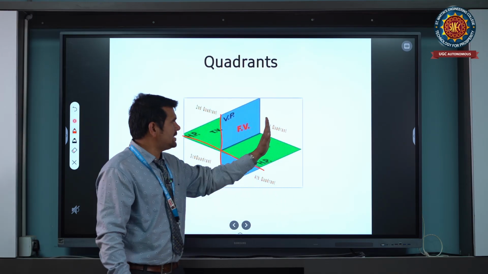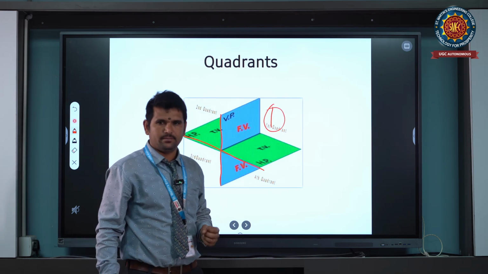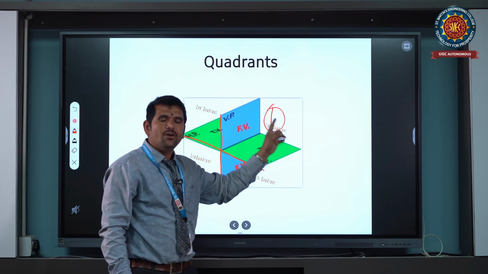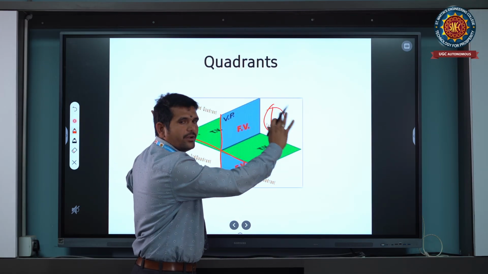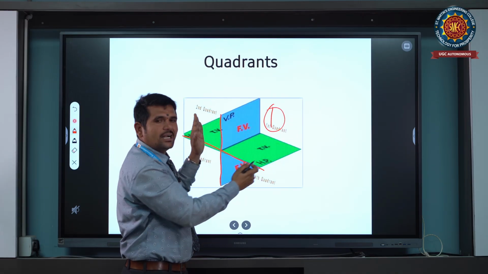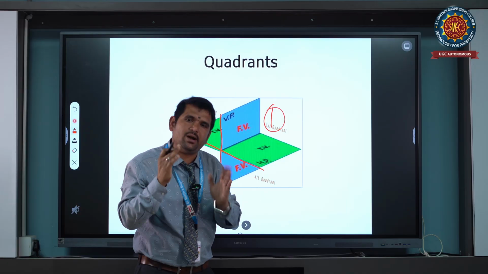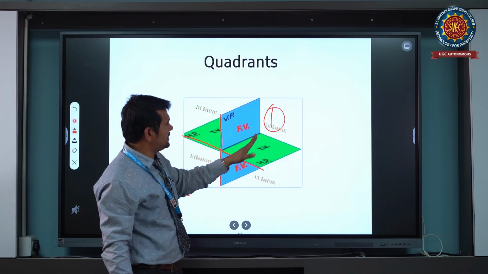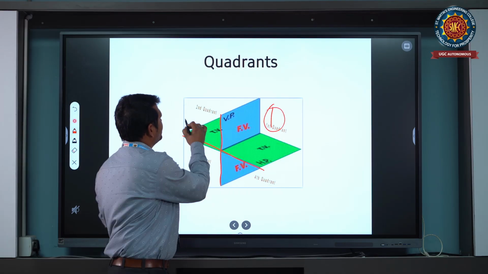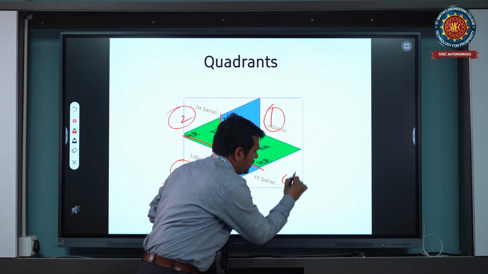In that, this part is called the first quadrant. Always we are going to divide the plane from right to left, so that is the anti-clockwise direction in which we divide the quadrants. So this is called the first quadrant, and this one is the second quadrant, this one is the third quadrant, this one is the fourth quadrant.